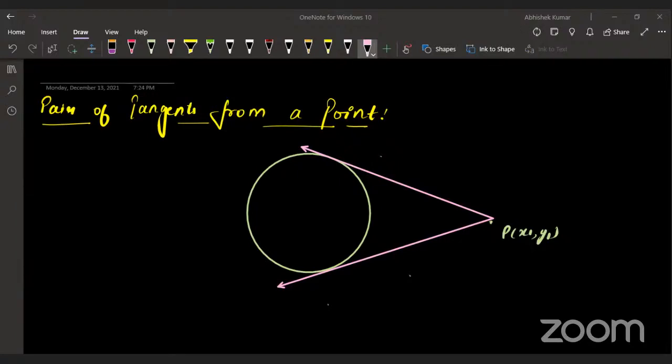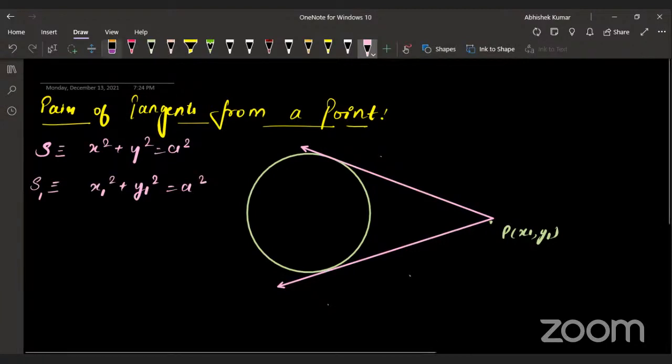Okay. Let's say S is the circle. You can assume x square plus y square is equal to a square. What will be S1? S1 will be the value when you put that coordinate, right? x1 square plus y1 square minus a square, correct? That value is called S1. See, you don't need to write this a square as minus a square, okay?